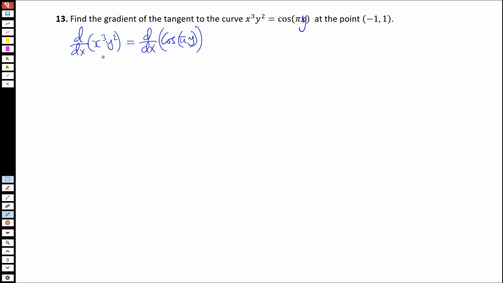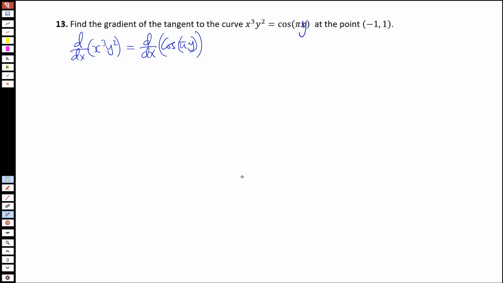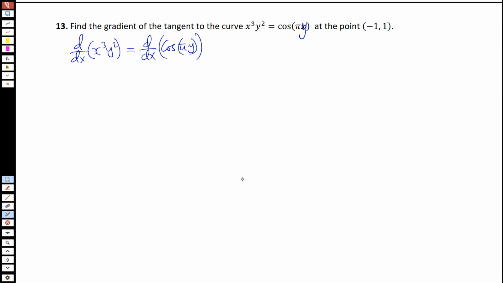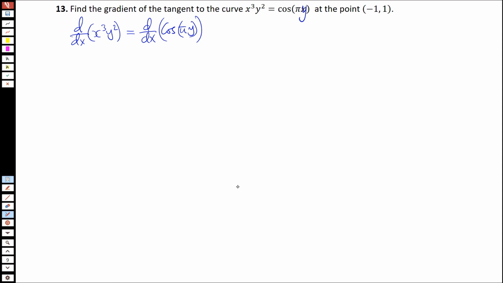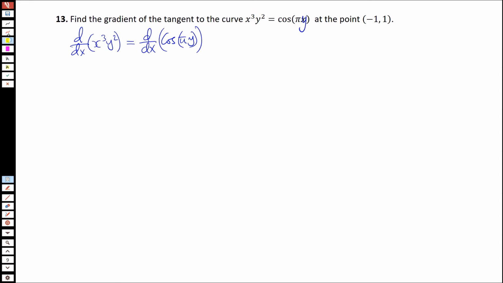One is what we have on the left is a product of two functions, so we need to apply the product rule here to differentiate that. And then on the right hand side, we have a function inside another function, as you can see. So we shall apply the chain rule to differentiate that.